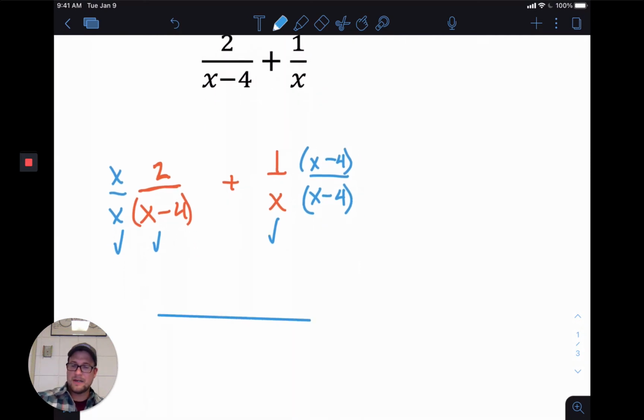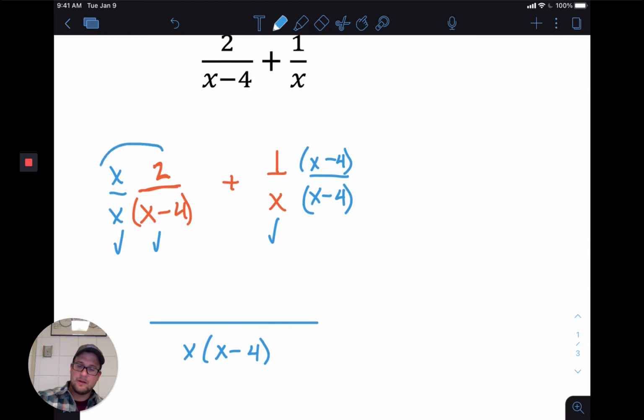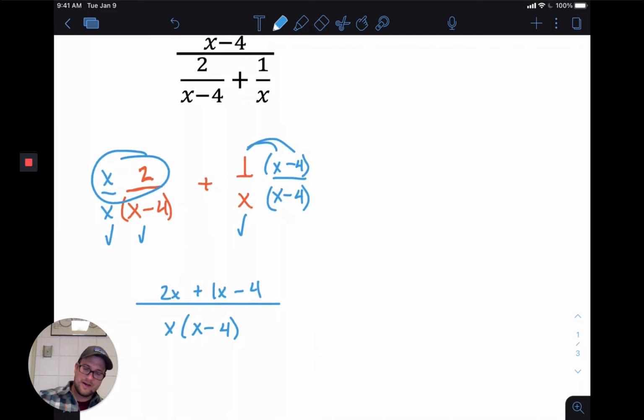So our common denominator in this problem will be x times x minus 4. And then we will have a 2x plus 1 times x minus 4. And simplifying that, we will end up with 3x minus 4 over x times x minus 4.